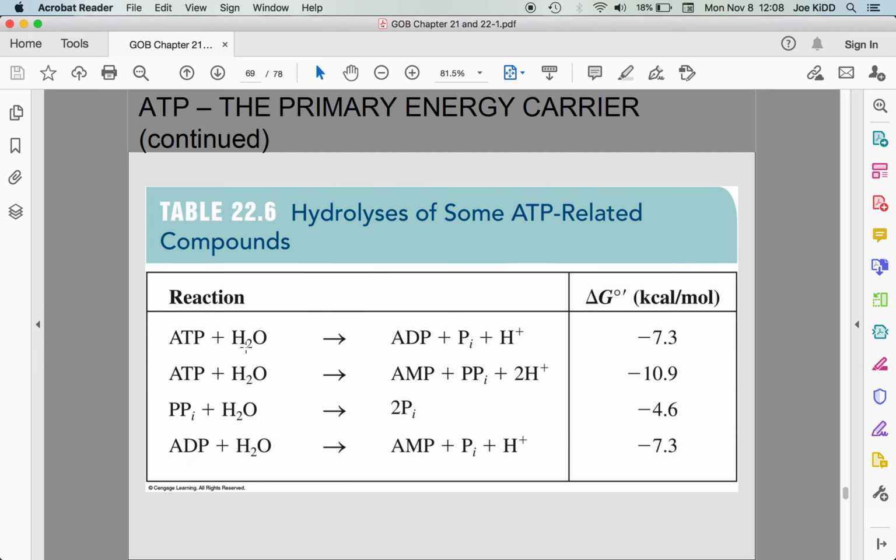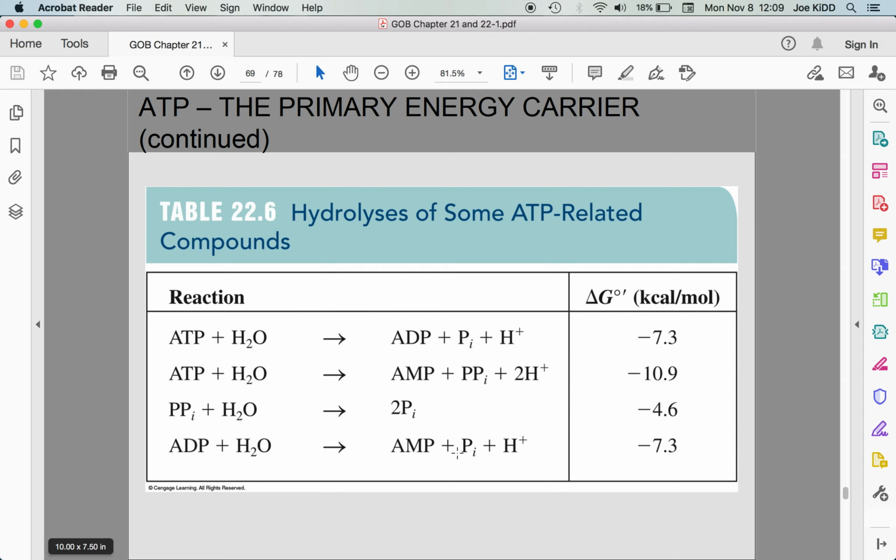So for example, ATP being hydrolyzed into ADP, D standing for di, so we only broke off one phosphate group. We can go from ATP and break off 2 phosphate groups, giving us AMP, which would be mono. These 2 phosphate groups here can be further broken down into 2 individual groups.